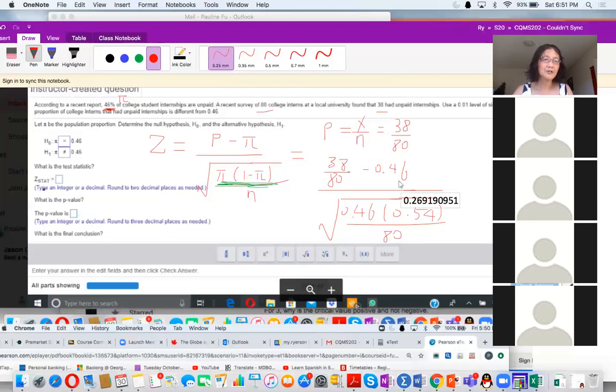So we answered this question: what is the test statistic? Next question, what is a p-value? I'm going to show you on my calculator, okay? For the p-value, this is your calculator home page.